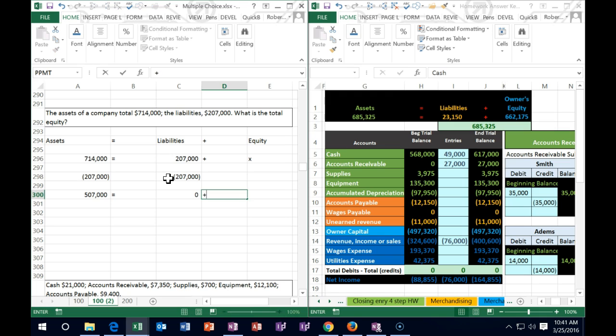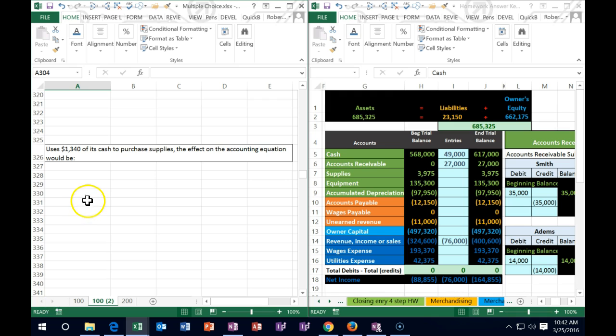That's why we did this, plus X, which is equity. So now equity plus zero is just X equals the 507. We can rewrite this as X equals the 507, and we know that X is equity. So equity equals 507. Now we're going to take a look at some transactions.